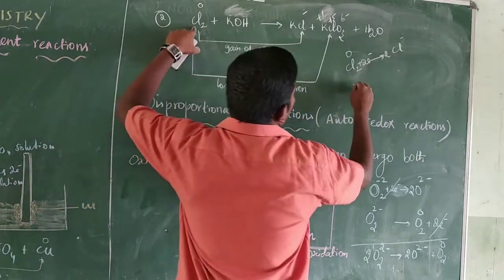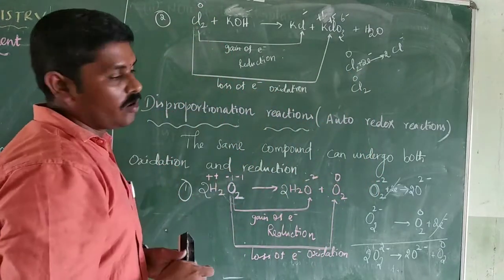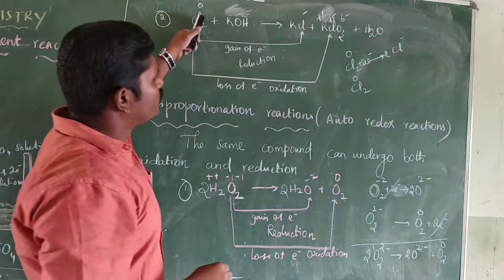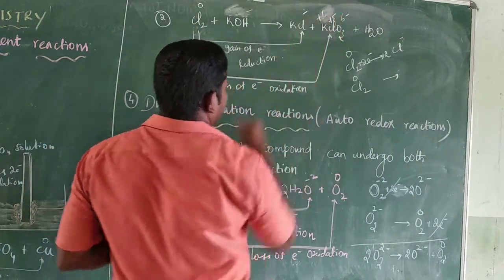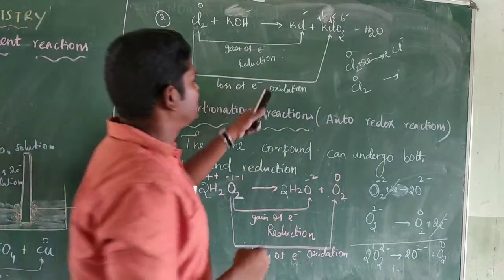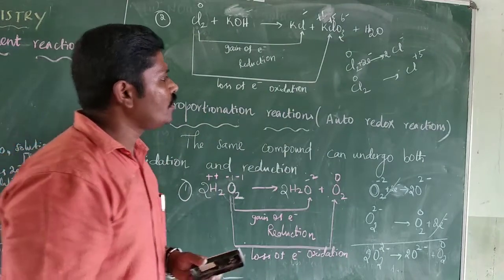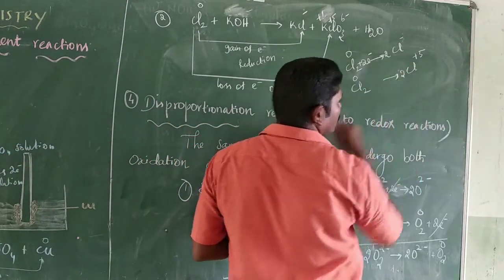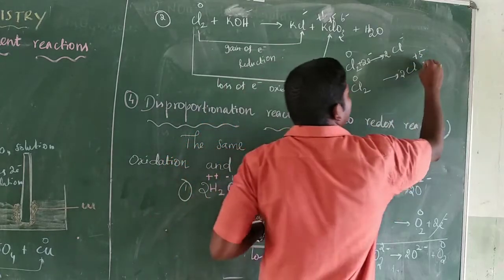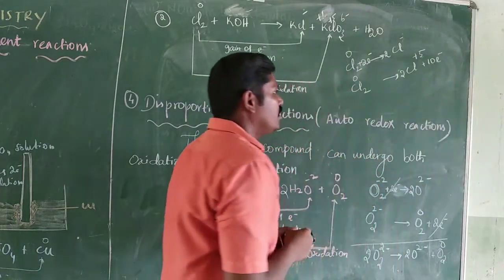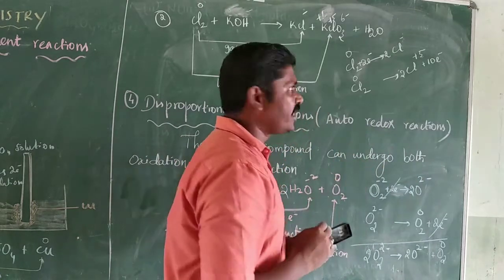Next, Cl2 to Cl plus 5, loss of electron, oxidation. How many chlorine? 2, so 0 to plus 10, a loss of 10 electrons. In the balanced equation, the loss of electrons equals the gain of electrons.